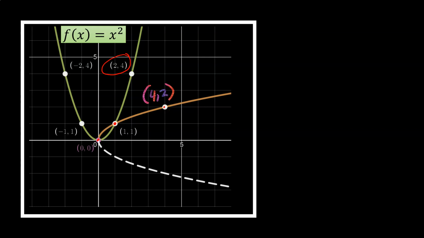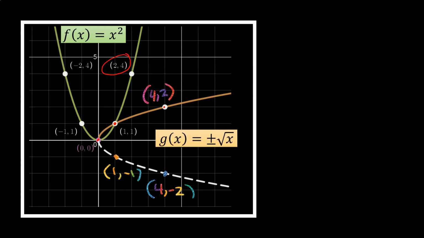Instead of (-1, 1), we now have the point (1, -1), and we have (4, -2) instead of (-2, 4). We notice here that this inverse is not a function because the top half is square root of x, and the bottom half is negative square root of x.